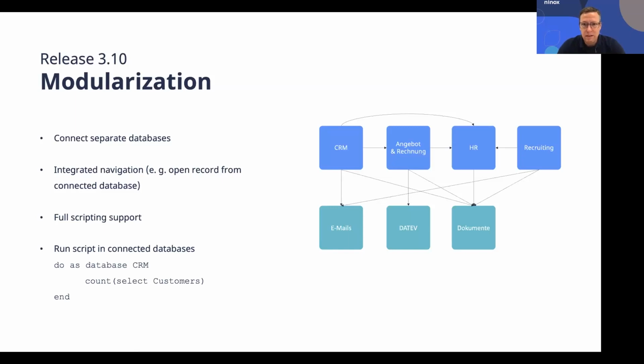So when you connect, for example, an invoice to a customer from a CRM database, you will have all the navigation options, you will have full scripting support, and we even created a new scripting construct like do as database, which allows you to execute code within another database or query data from another database. So this integration is very tight and very intuitive, very much like you are used to from normal Ninox relations.